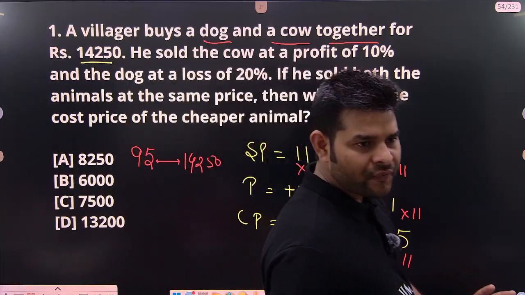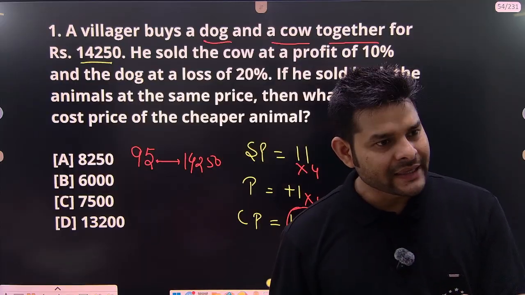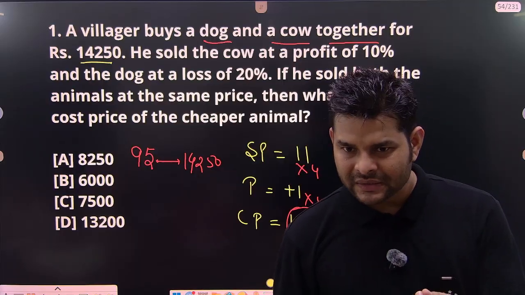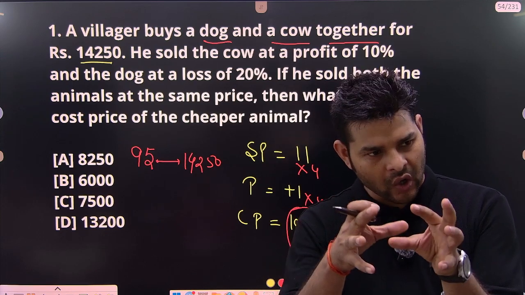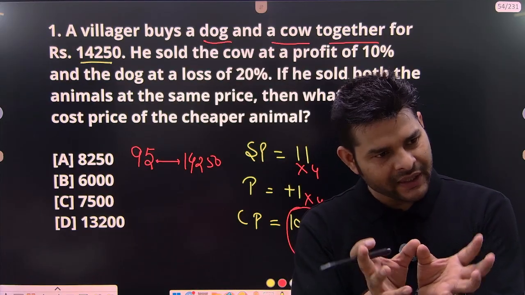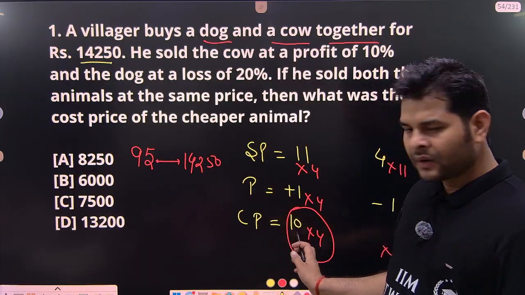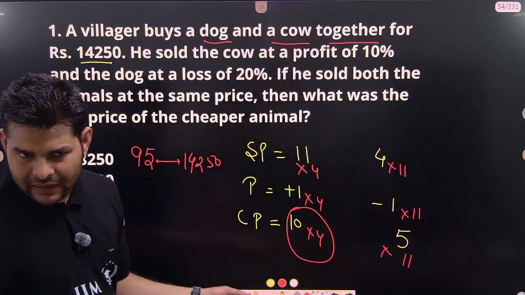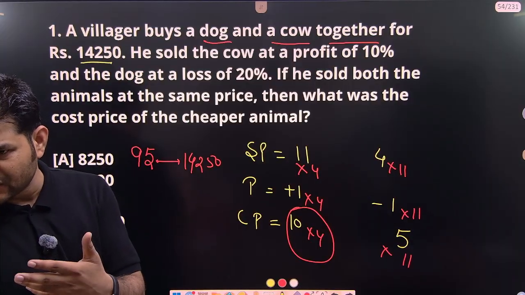The cost of both the items together is 14,250. So that means the addition of the cost of cow and the cost of dog together is rupees 14,250. But over here, the values are 40 and 55. If you add, you will get 95. So 95 is going to represent 14,250.